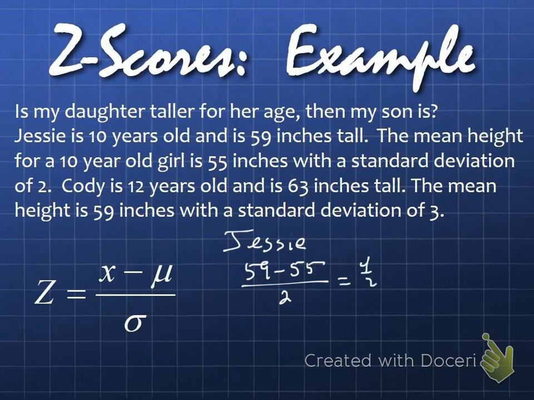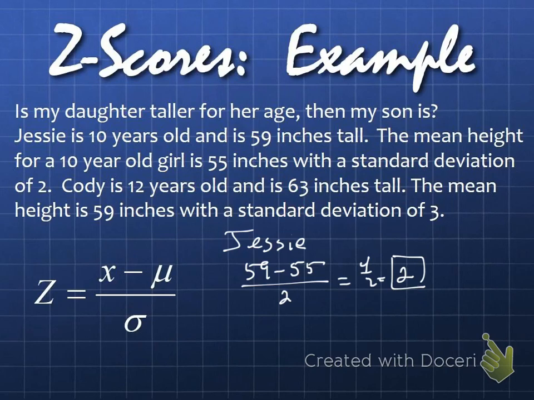So you subtract these, and you get 2. So this means that Jesse is 2 standard deviations above the mean of 55 inches, okay? Her height is 2 standard deviations.